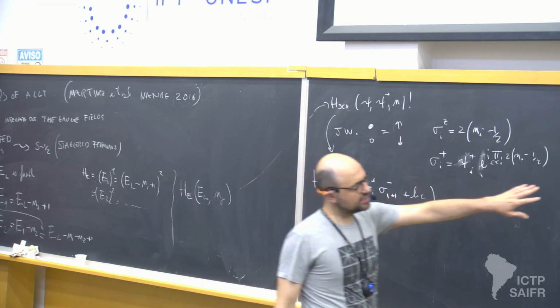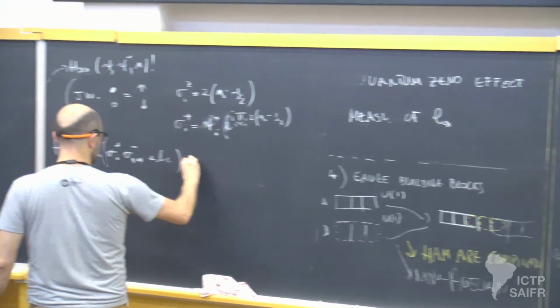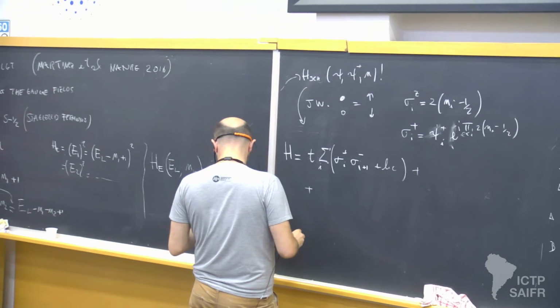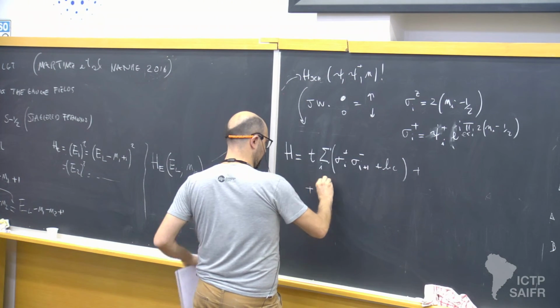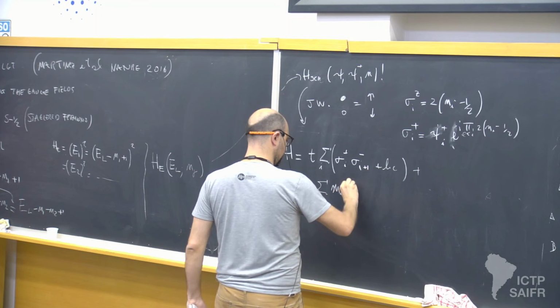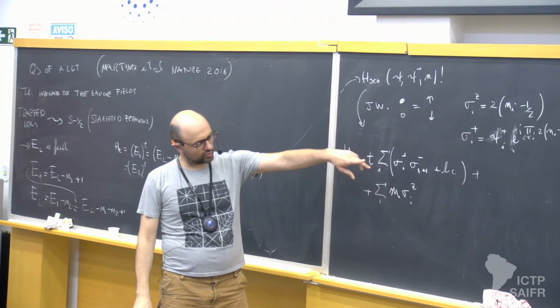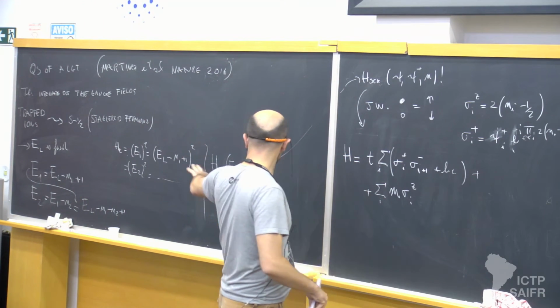So this has become the first term, plus M sum over i, Mi sigma Z i. So this will be the mass term that will be staggered, but there will also be a small correction due to this integration of gauge fields.